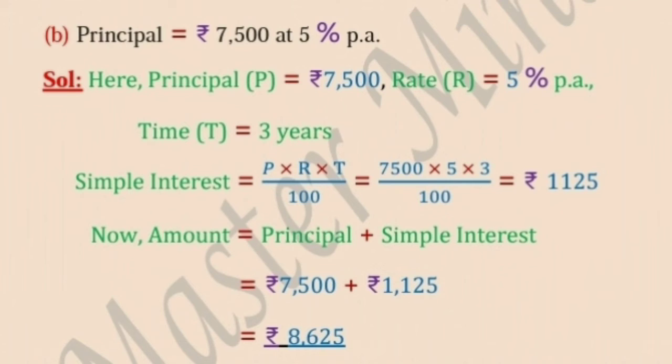After simplifying this, we will get rupees 1125. Now, amount is equal to principal plus simple interest, which is equal to 7500 plus 1125, which is equal to 8625 rupees. It's clear, everyone? Very good.